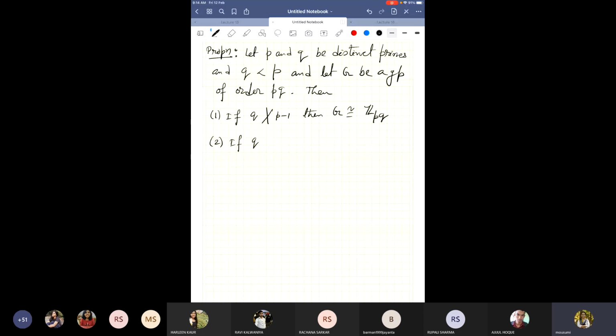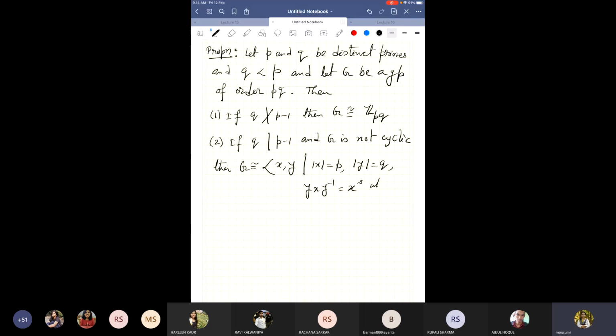And if Q divides P minus 1, and G is not cyclic, then G will be isomorphic with the group generated by two elements x and y such that order of x is equal to P, order of y is equal to Q, and I have the relation y x y inverse equal to x to the power s, where s is not congruent to 1 mod P and s to the power Q is congruent to 1 mod P.